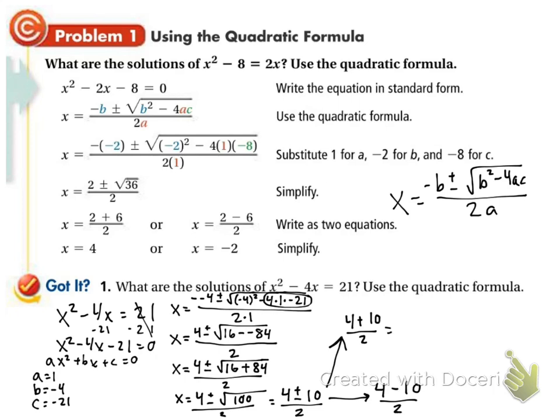So 4 plus 10, that's 14, so this turns into 14 over 2, which is 7. 4 minus 10, that's negative 6 over 2, which is negative 3. So our two answers are x equals 7 and x equals negative 3.